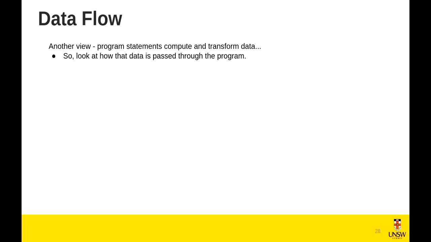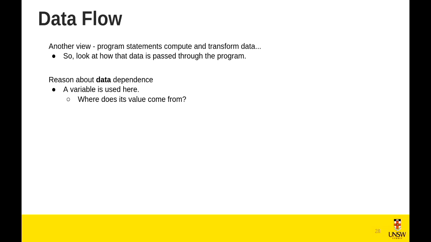The program could be viewed as a sequence of program statements that compute and transform values or data inside the memory of the computer. So this basically means that we can have a look at how the data or the values are passed through this program according to the statements.